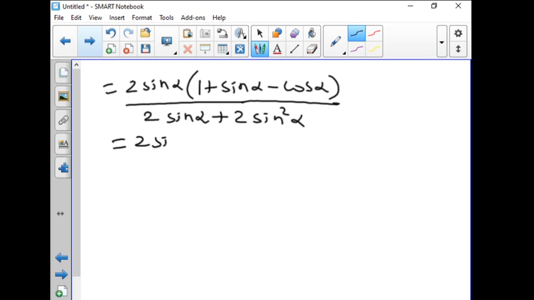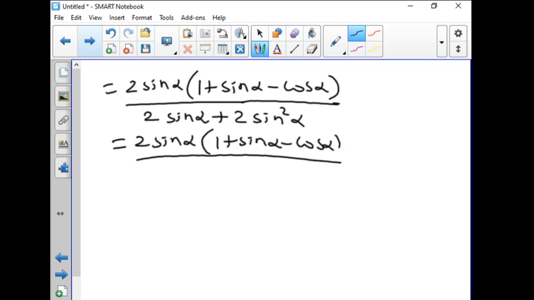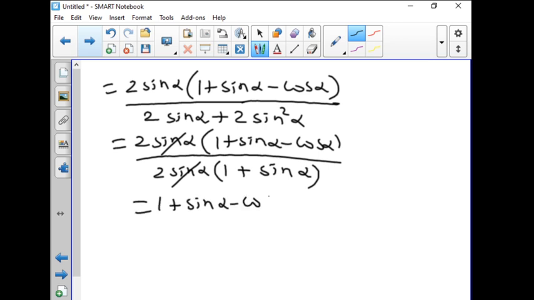So it is equal to 2 sin alpha into 1 plus sin alpha minus cos alpha by 2 sin alpha into 1 plus sin alpha, taking 2 sin alpha out. So this gets cancelled. So it is equal to 1 plus sin alpha minus cos alpha by 1 plus sin alpha. Okay, hence proved.